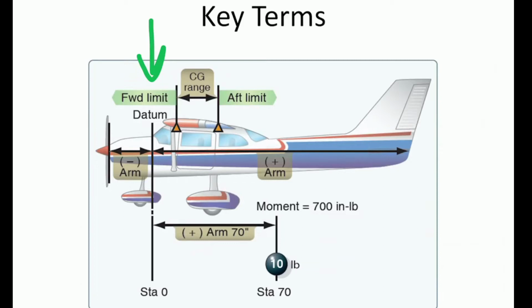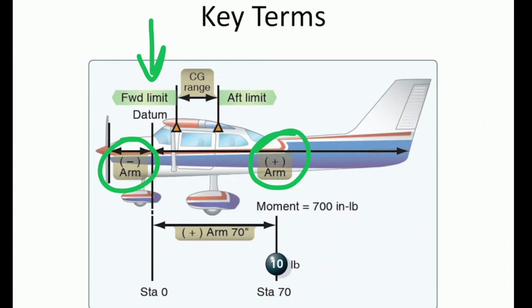If you go in front of the datum plane, it's going to be negative. If you go behind the datum plane towards the back of the aircraft, it's going to be positive. And so the moment is actually the calculation of the weight times the distance from the datum plane.